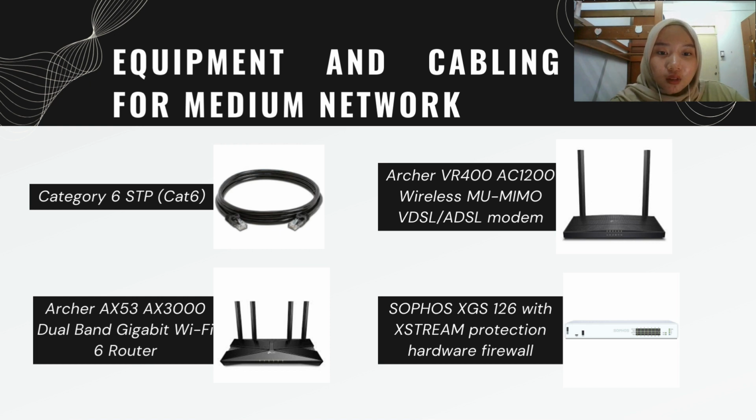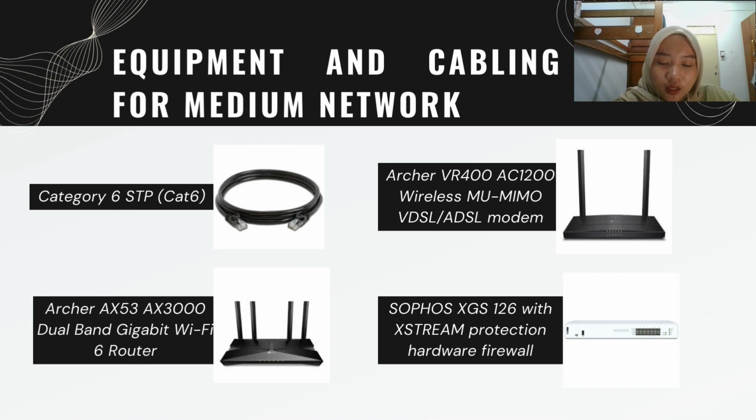Next, for the router, we are using the same model of router as in the small network. This router has MU-MIMO technology, which allows the router to communicate with multiple devices simultaneously, enhancing overall network efficiency.